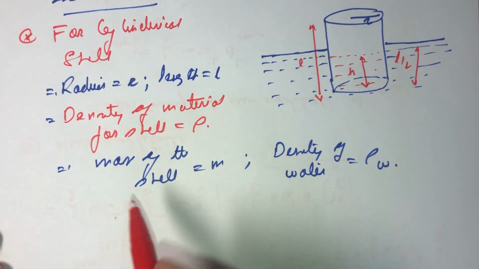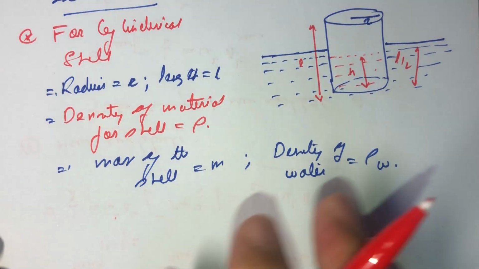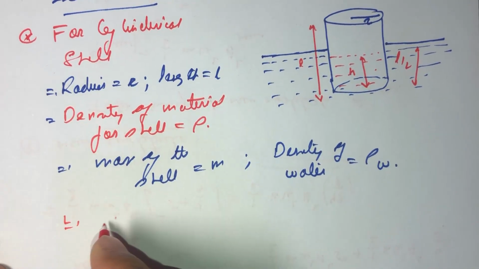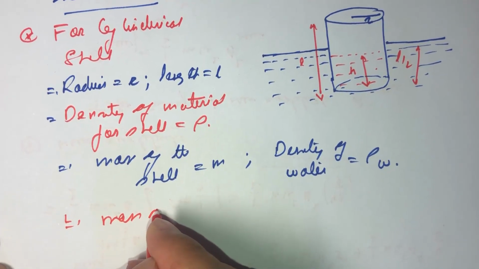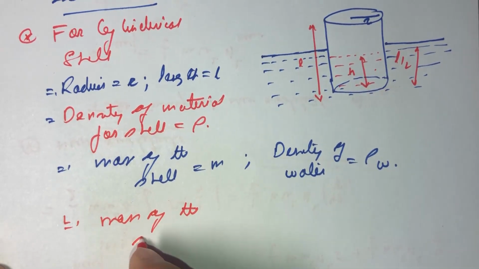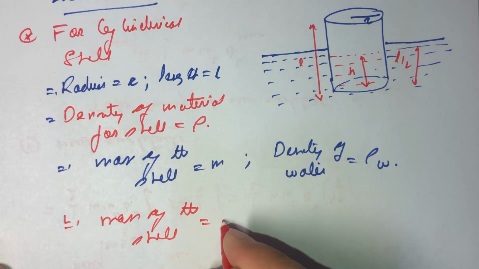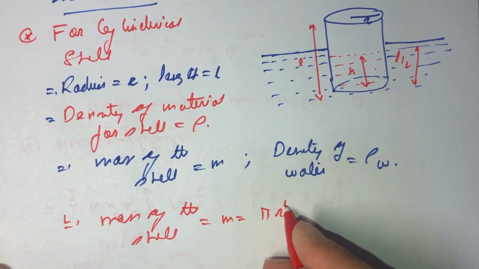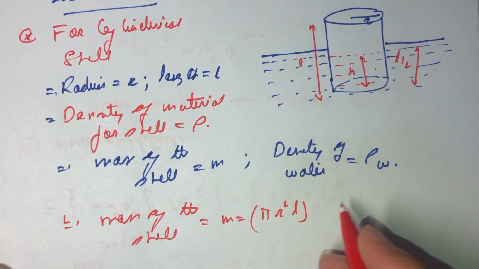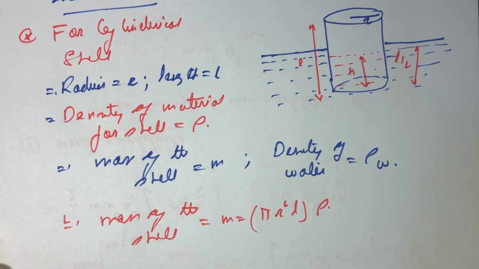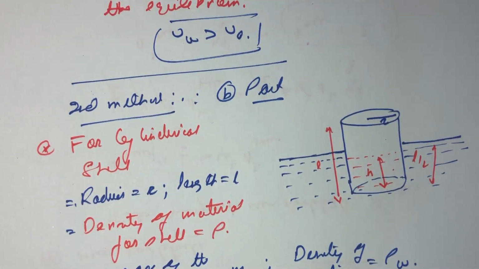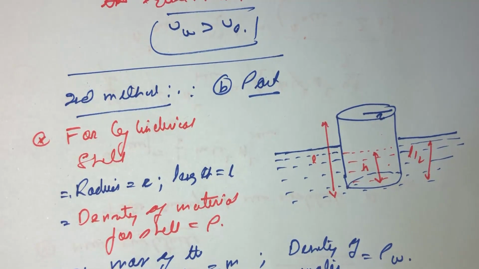So we can write the mass of the shell in terms of the parameters which are given to us. The mass of the shell, taken as m, will be equal to pi r square L multiplied by its density. Now we are going to find all the forces acting on the shell. Mainly there will be two forces acting on it.